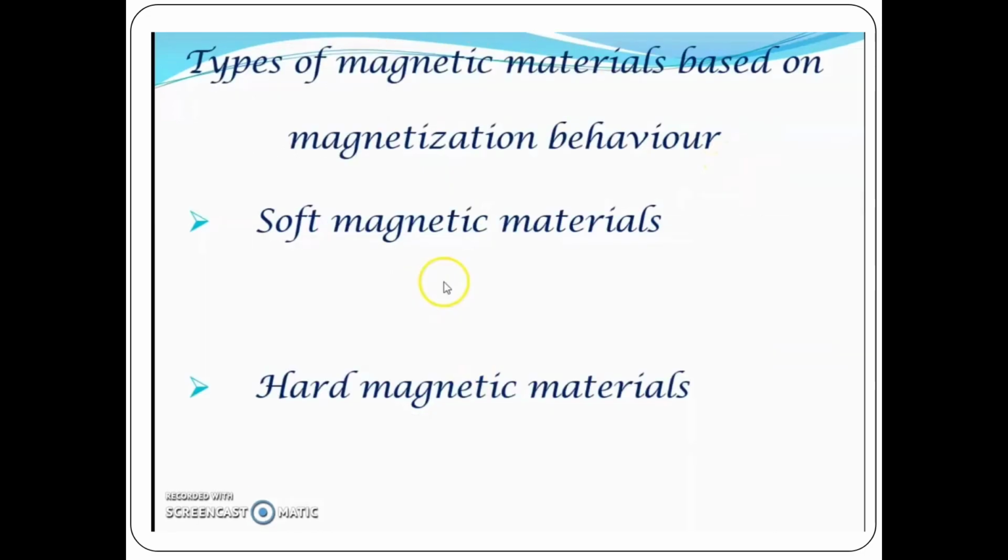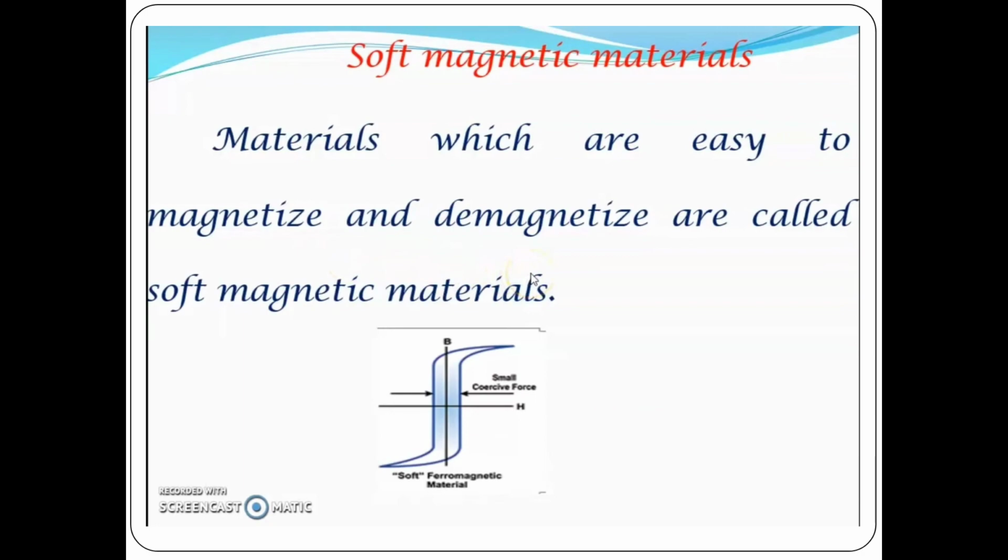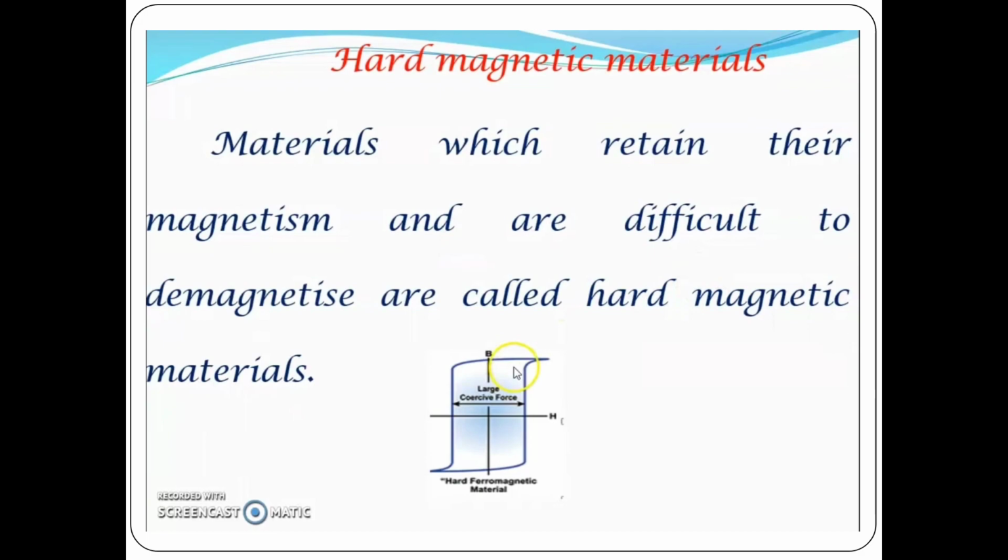Next we are going to see the types of magnetic materials based on magnetization behavior. First is soft magnetic materials and second is hard magnetic materials. Materials which are easy to magnetize and demagnetize are called soft magnetic materials.